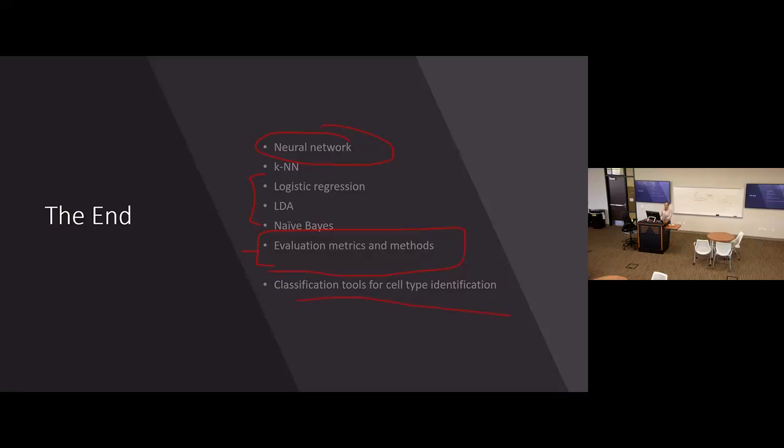And then in real applications, we have database-driven methods that compute the frequency and the summation of the marker gene expression. Also, I encourage you to use manual annotation in real applications.